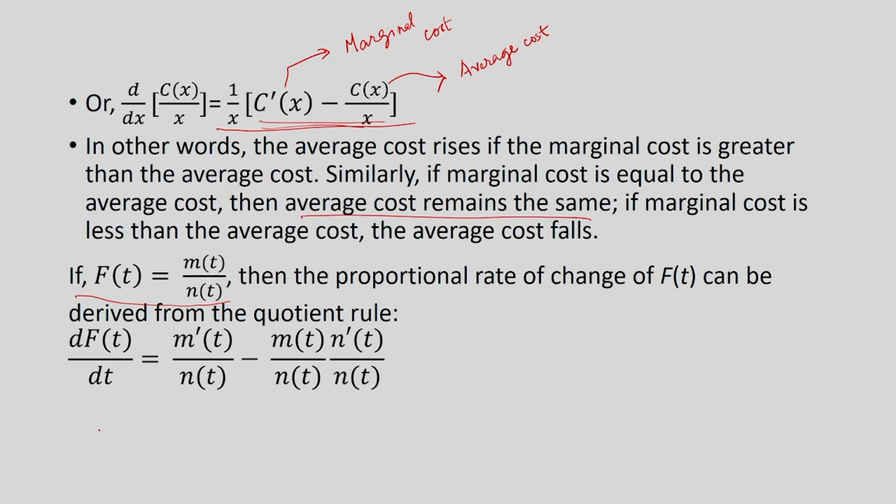We use the quotient rule here, and we will get this expression: d/dt of F(t) is equal to m'(t) divided by n(t) minus m(t) divided by n(t) multiplied by n'(t) divided by n(t). I have jumped some steps here, but this is what you are going to get by using the quotient rule.